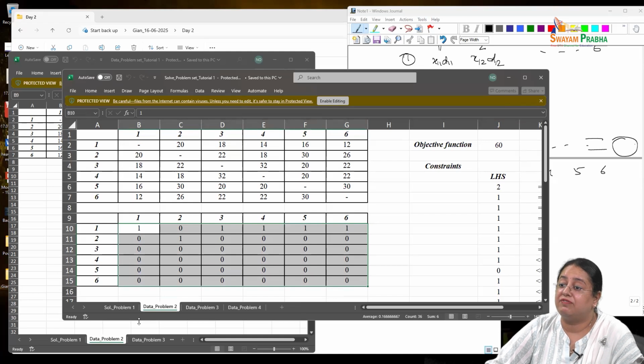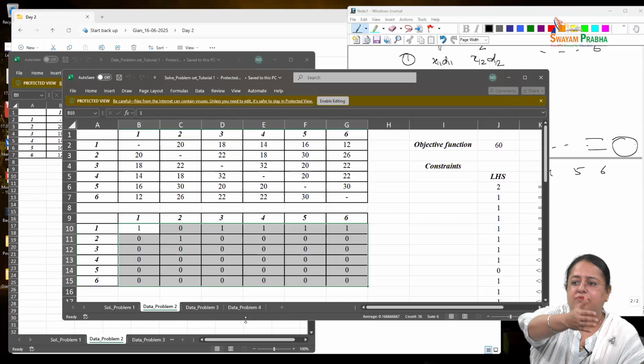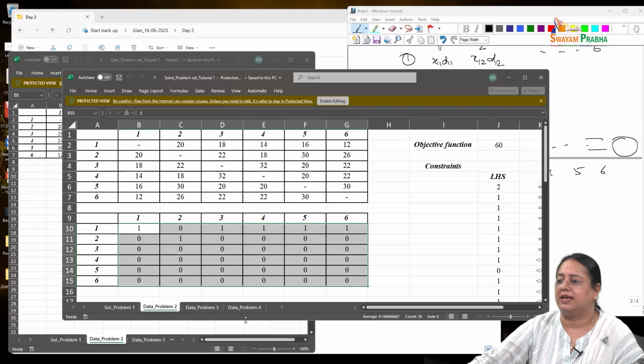Don't treat this as the final result. Everything will be 0. These are the decision variables. This is what we want to determine. If you want to join, you can join someone and just see how it's working in Excel.